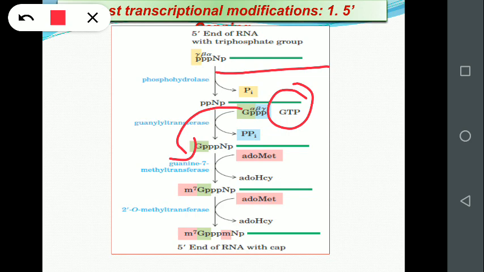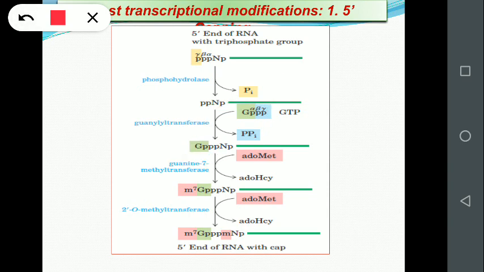So we will have guanosine triphosphate here. We can observe that this guanosine monophosphate, GMP, is interacting with the nucleoside diphosphate.